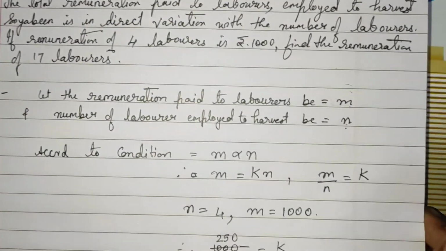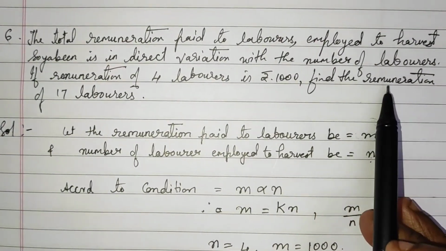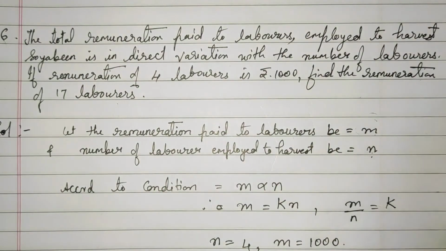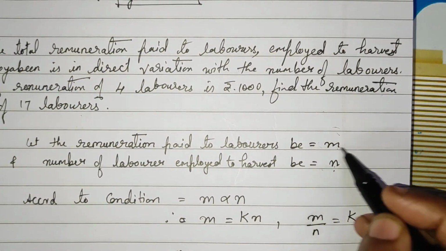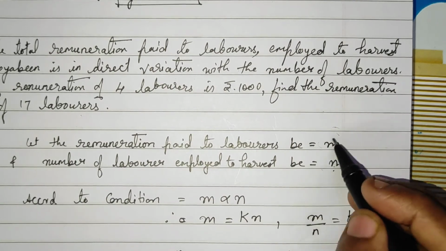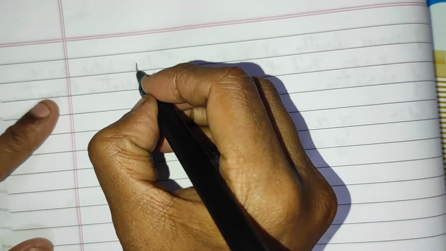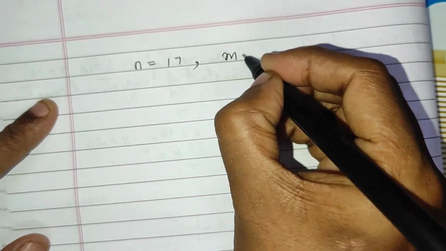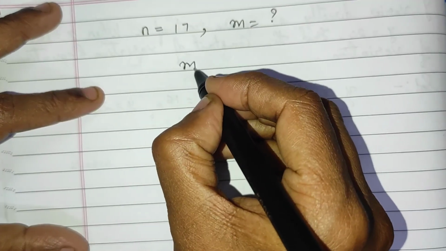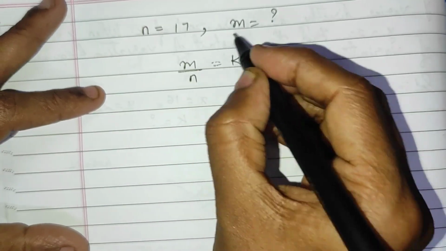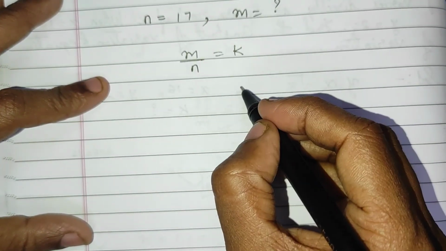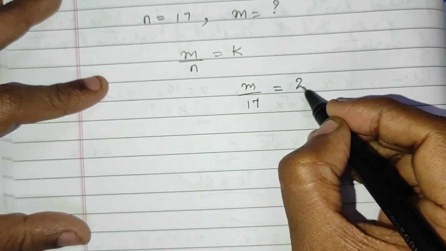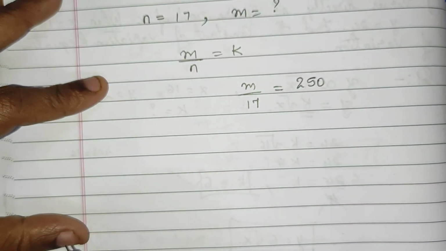Now what they have asked, find the remuneration of 17 laborers. Means if number N is 17, how much will be the remuneration? N is equals to 17, M is equals to question, M upon N is equals to K. So M we do not have and N is given 17 and K just now we found out it is 250.